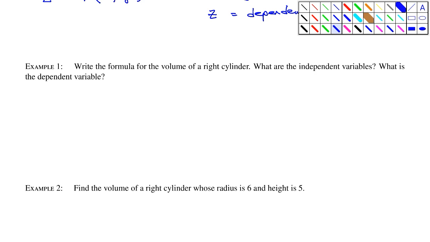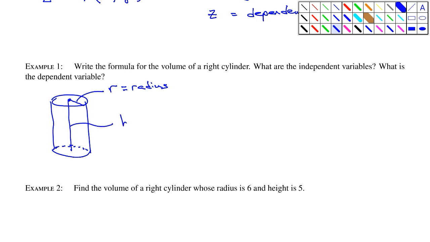Example number 1. Write the formula for the volume of a right cylinder. So a right cylinder looks like this. And what aspects do I need to know about the cylinder in order to create its volume? Well, I need r, which is the radius, and I need h, which is the height.